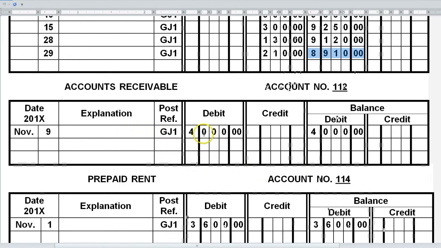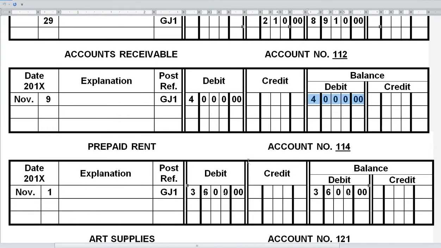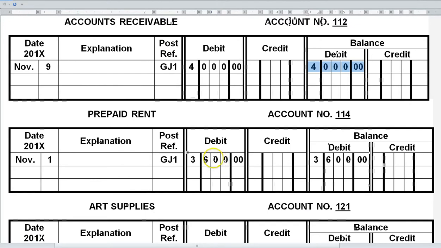The accounts receivable took a $4,000 debit. Being an asset, it now increases. We establish a $4,000 balance, and that would go to the trial balance and also the balance sheet because it's an asset.